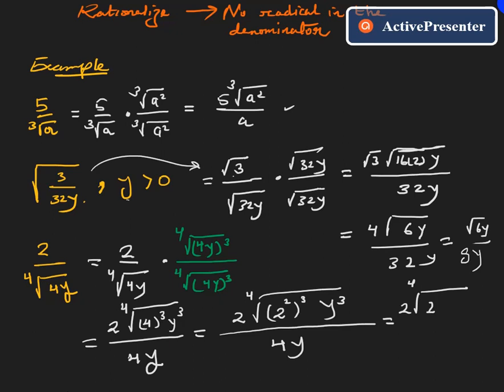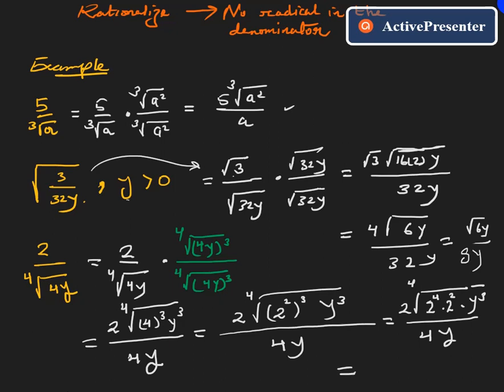So 2 to the power 6 is equal to 2 to the power 4 multiplied by 2 to the power 2, multiplied by y cube over 4y.